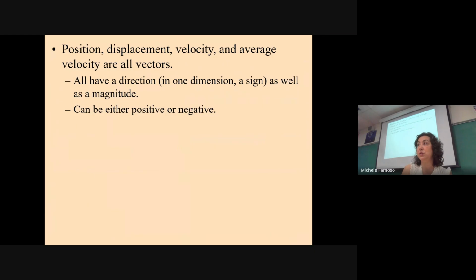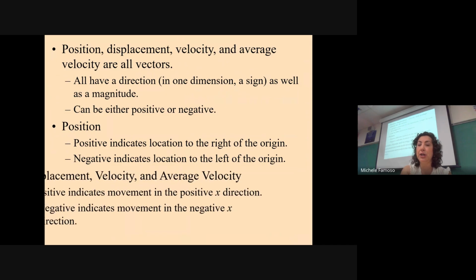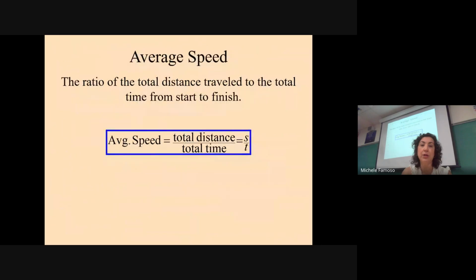Plus doesn't always mean to the right. It could mean left, if you define left as the positive direction. Position, positive is usually to the right of the origin, negative to the left of the origin. So if you had a positive velocity, displacement, or average velocity, that would indicate motion in the positive x direction. Negative would be negative x direction.